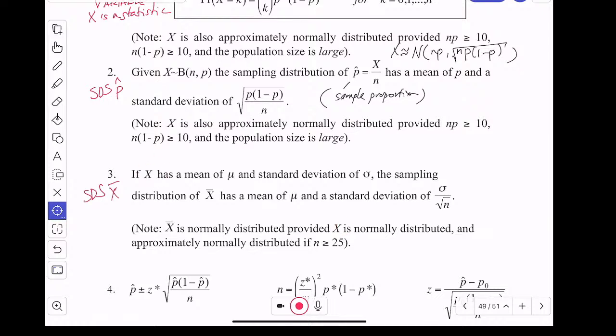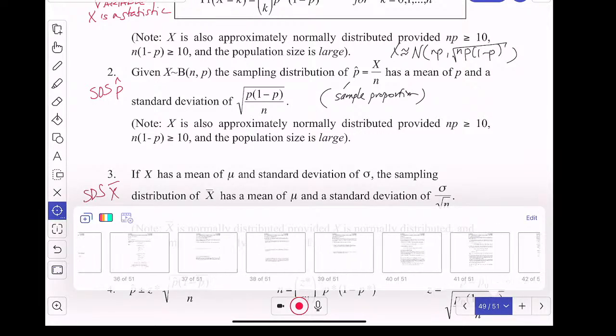Or if you don't know the distribution of the original variable of the population it comes from, then as long as the sample size is large enough, and we'll use 25, you can say that it's approximately normally distributed. So what am I talking about?